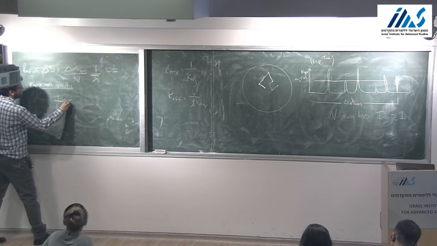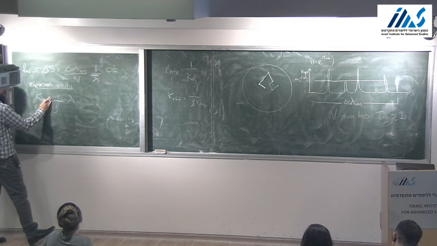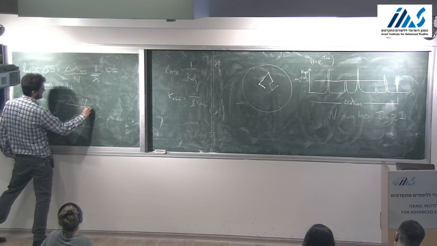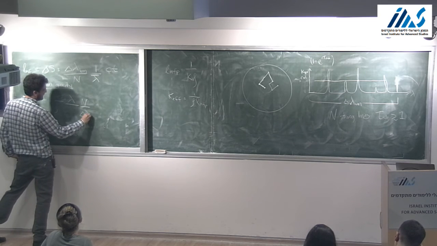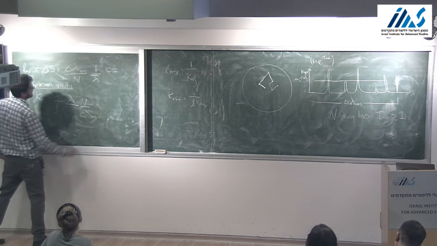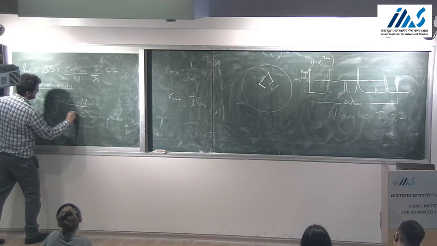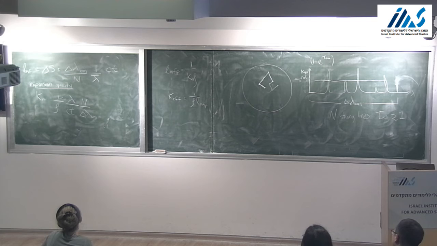Which is the wavelength we're at, over the number of strong lines in a wavelength bin, divided by ct. Okay.